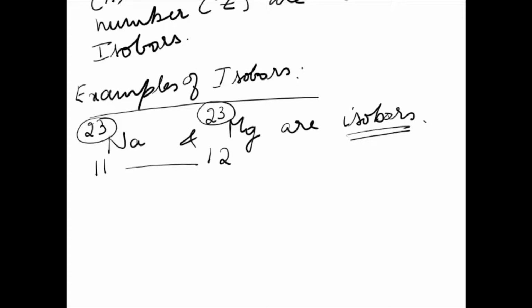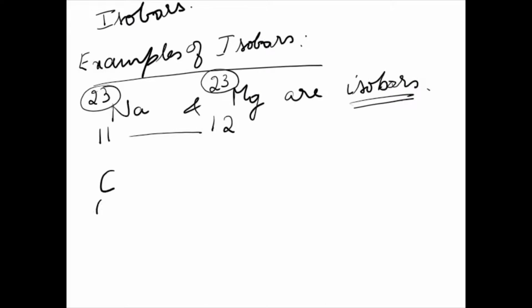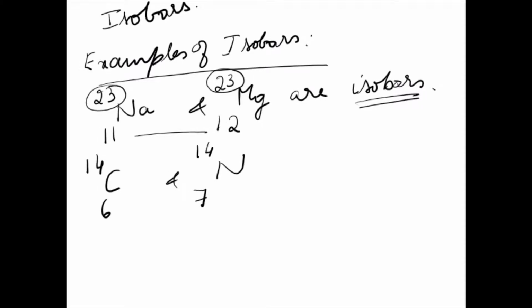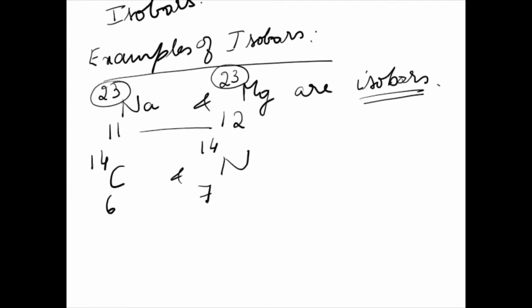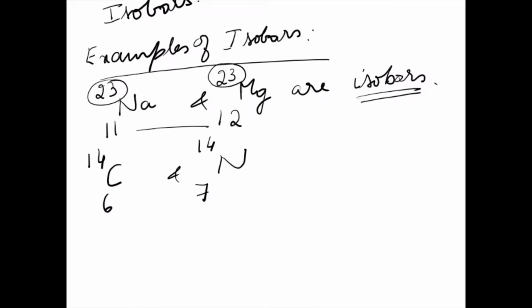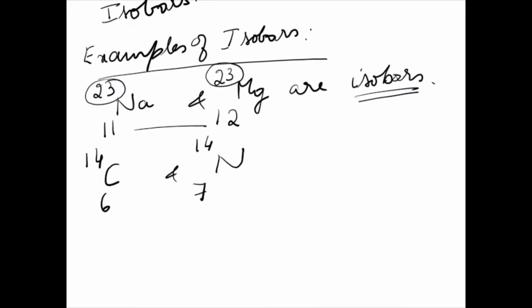Another example of isobars is carbon C-14 and nitrogen-14. Carbon-14 has 6 protons, 6 electrons, and 8 neutrons, so its mass number is 14.